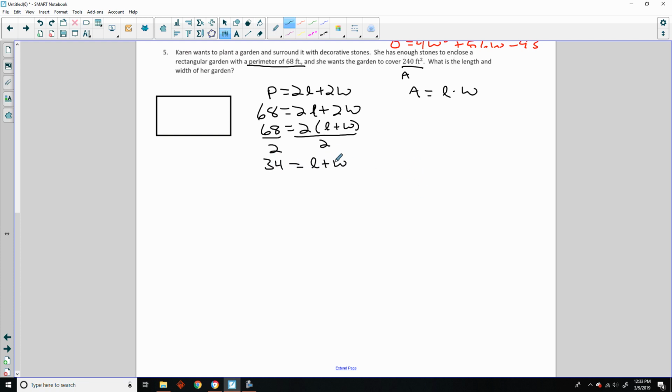Now we can either solve for L or we can solve for W. It doesn't matter which we do. I could subtract L over, or I can subtract W over and solve for the other.